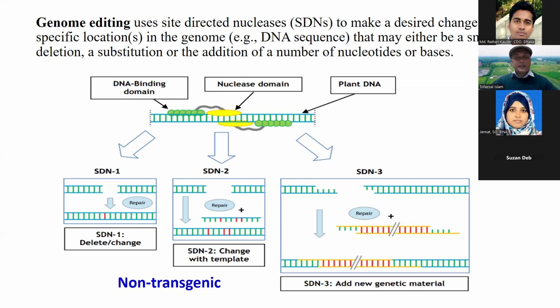And gene editing, if you want to do it in other organisms, for example human or animal or fish, you need to do it at the germline level. After fertilization, you can edit, because plants have totipotency. On the other hand, adult cells of animals you cannot edit.